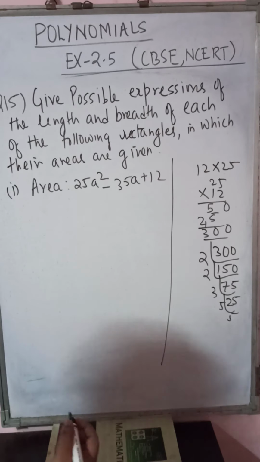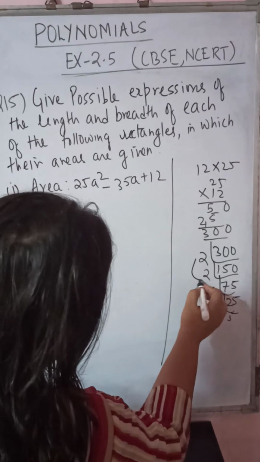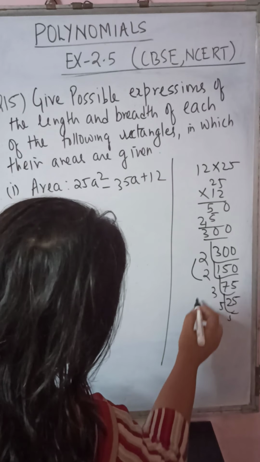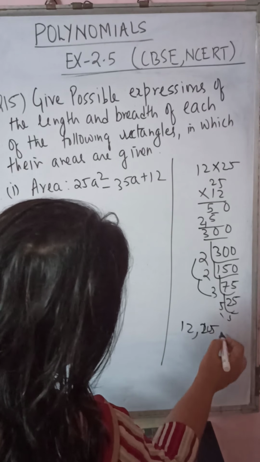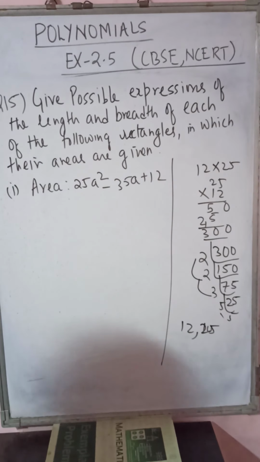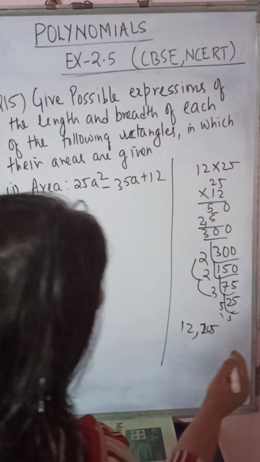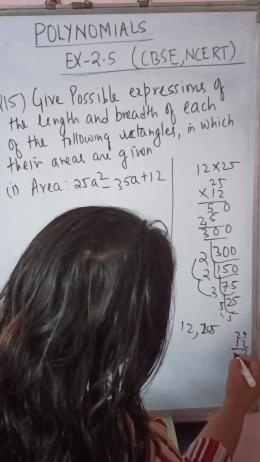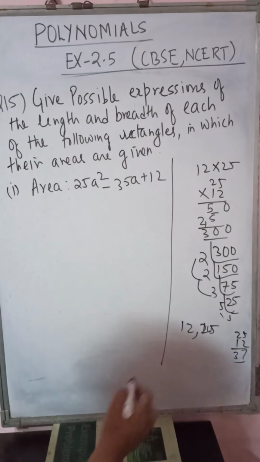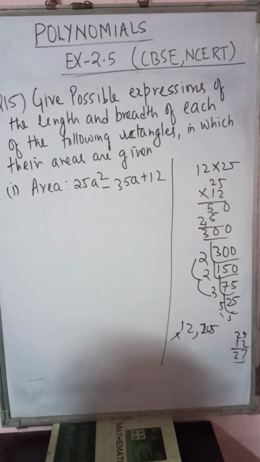I am just doing trial and error. One is this set: 2 2s are 4, 4 3s are 12. What is remaining? 5 5s are 25. 25 and 12. Is there any chance I am getting 35? 25 and 12, no, I am getting 37. So this is wrong. We'll check another possibility.